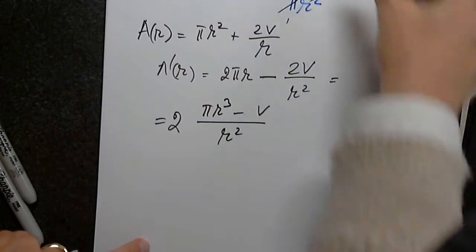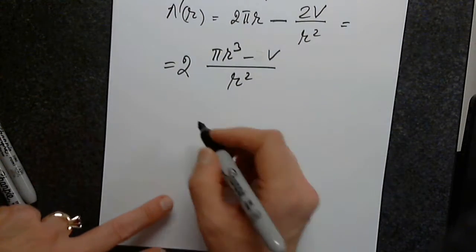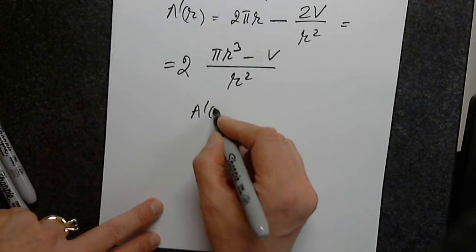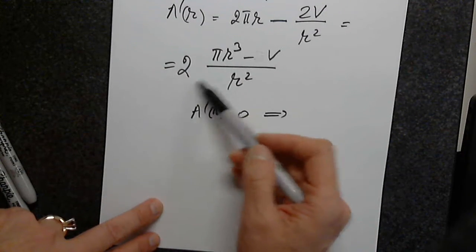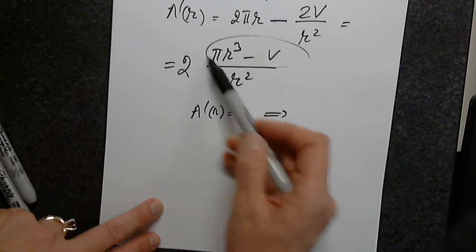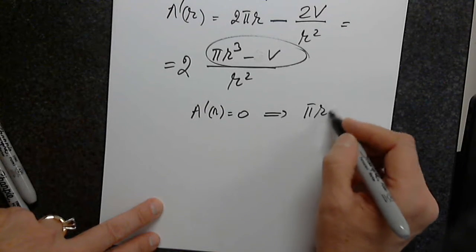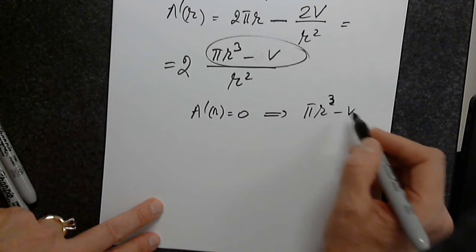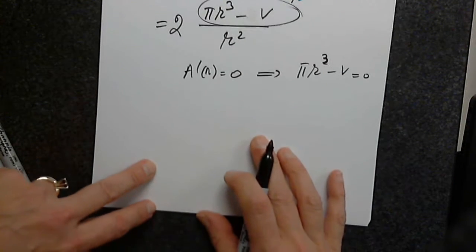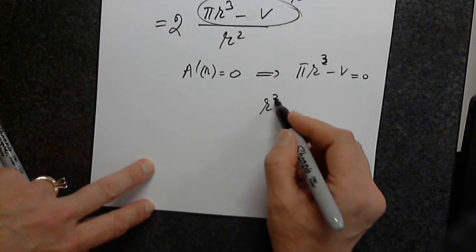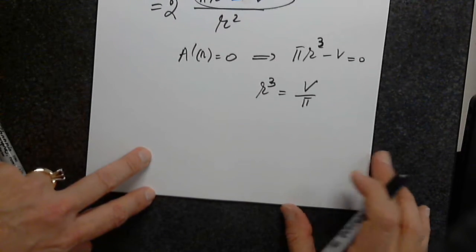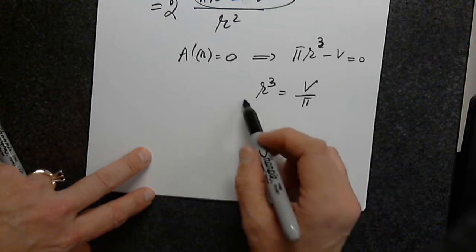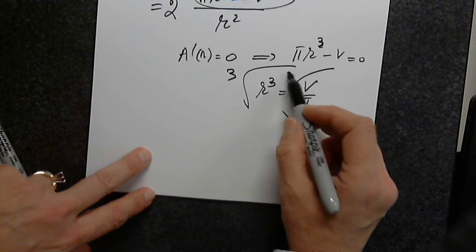Yes, critical numbers by setting it equal to 0. So A prime of r is 0 means not this and not this, but this. Pi r cubed minus V equals 0, which means r cubed equals V over pi, which means, very good, the cube root on both sides.